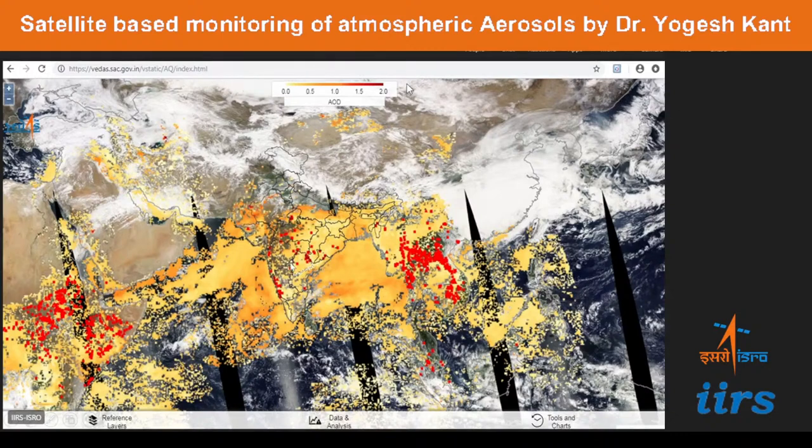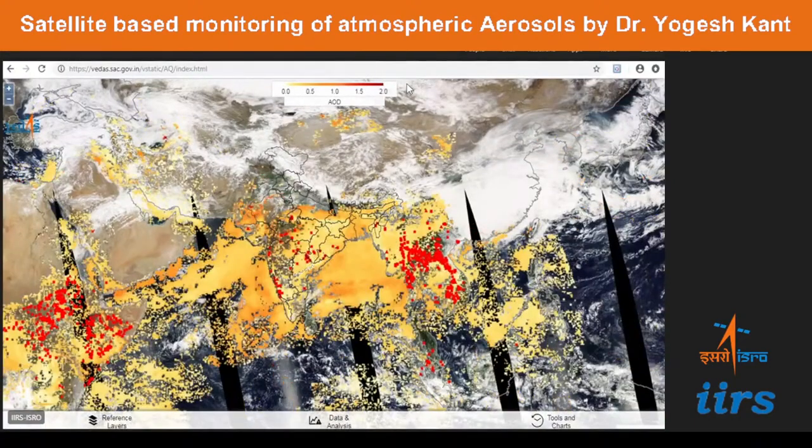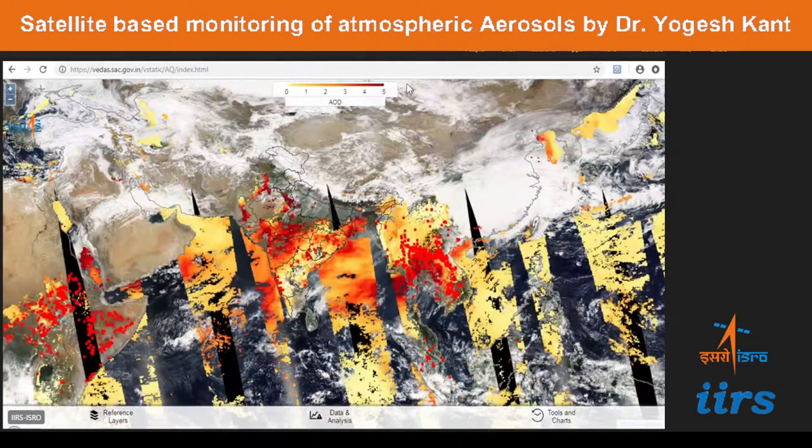And if you want to see the temporal nature, we can see every 15 minutes, every half an hour, every day, how the pollution levels are spreading from one region to another region. You see every day now, for example, this is one day, this is another day. Like this, we can see how the temporal resolution changes and how much loading or how much intensity of the loading there is at one particular place.